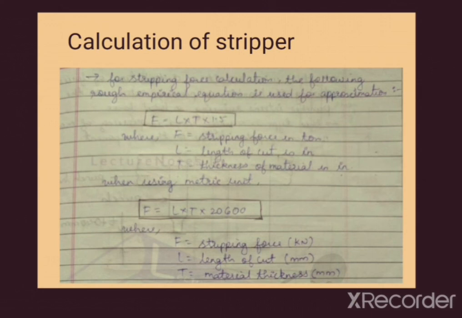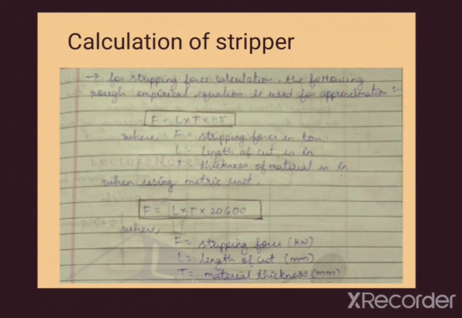F denotes stripping force, equal to L into T into 1.5, where F is the stripping force in ton, L is the length of cut and T is the thickness of the material. So it is an empirical approximation equation.